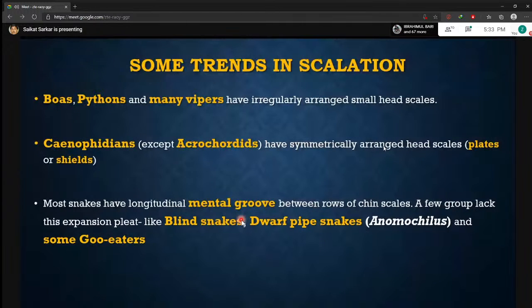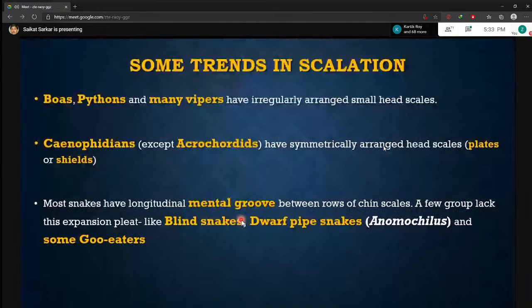To begin with, we can divide the modern day snakes into two categories: Scolecophidia, the more basal one, and Caenophidia, which we will call the modern lineage of snakes.